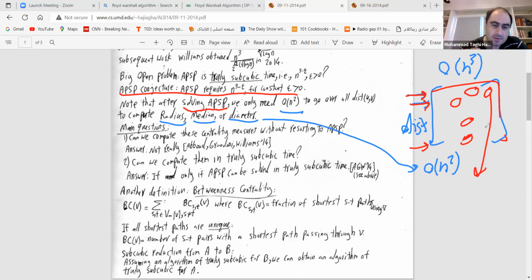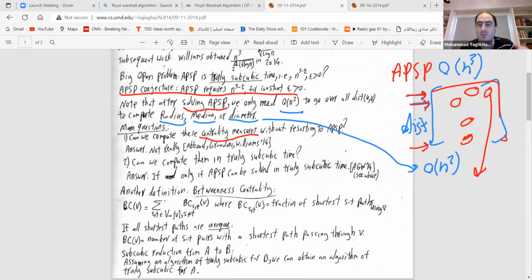These things that we are talking about, radius, median, diameter, are called centrality measures, because they measure how central a vertex is. The one important thing is that if we have all pair shortest path, then we can compute all of these problems in n square.